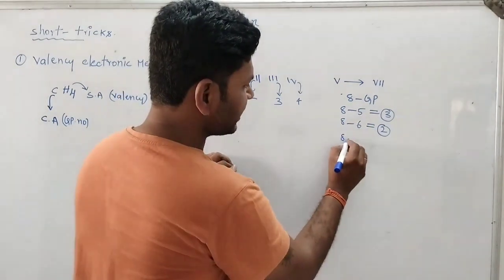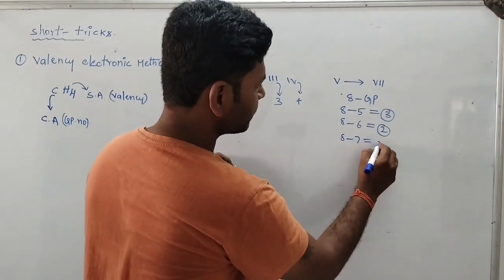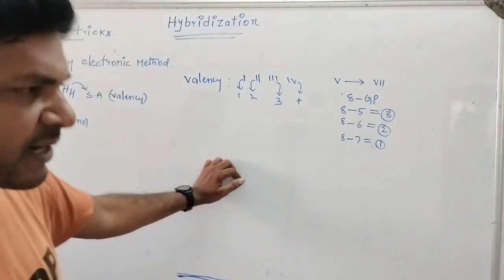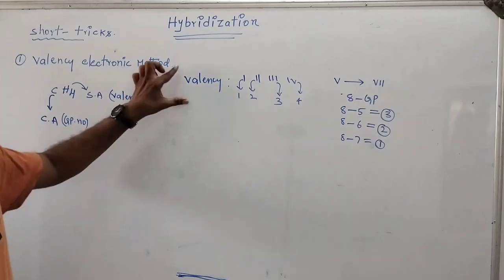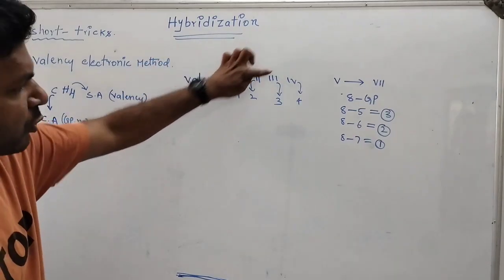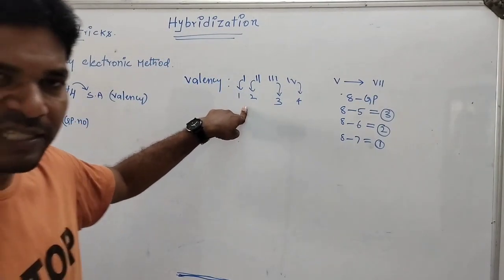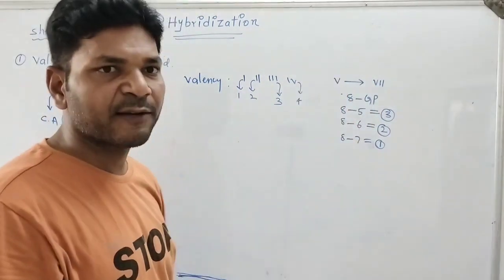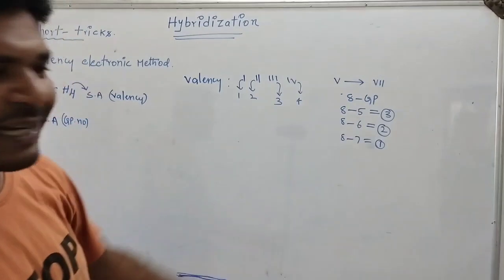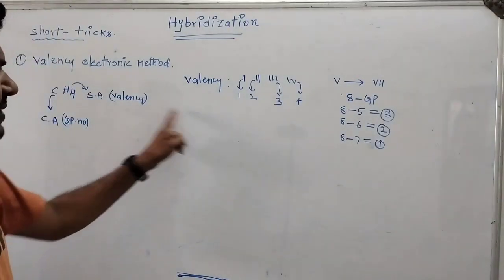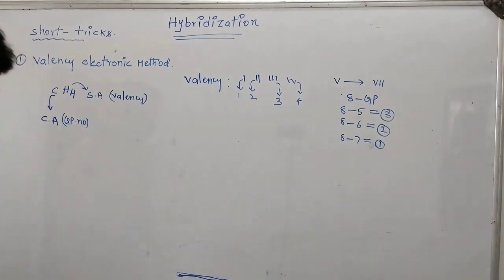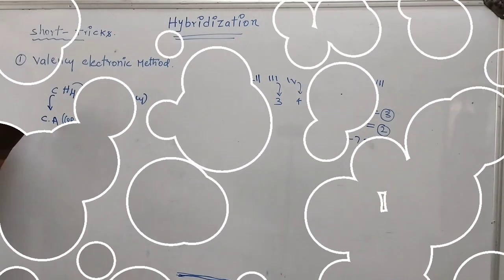If it is a seventh group element, 1 valency. So about valency, first group to fourth group, valencies are equal to the group number, and fifth group to seventh group, the valencies follow 8 minus the group number. So it depends on these two factors. Now we are going to solve some hybridization and take some examples.